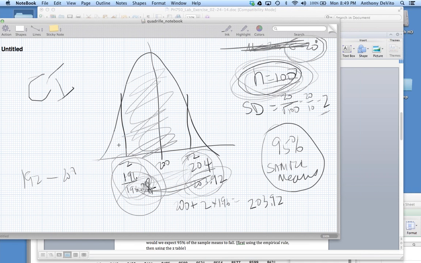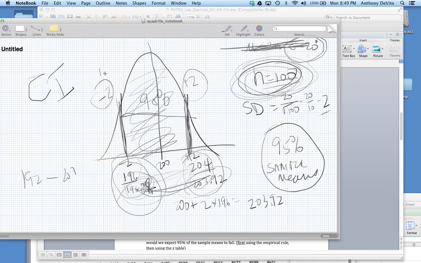Well, remember that the empirical formula says that for any normal distribution, 95% of it is between 2 standard deviations below the mean and 2 standard deviations above the mean. That's only an estimate.